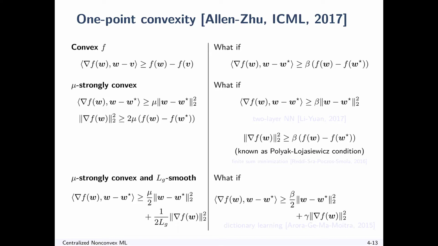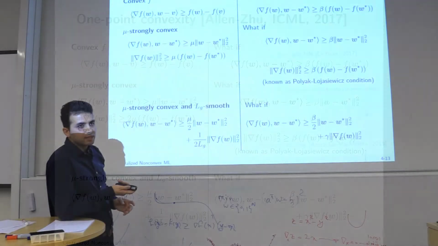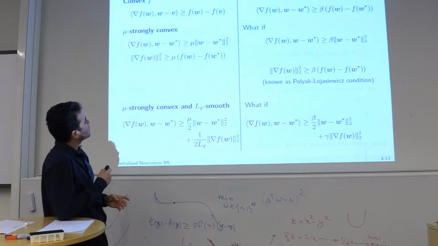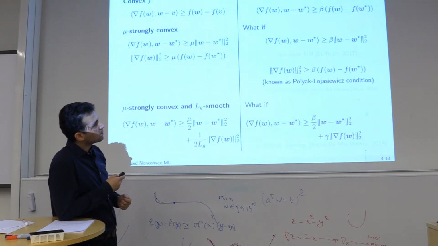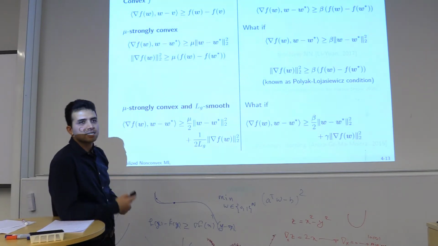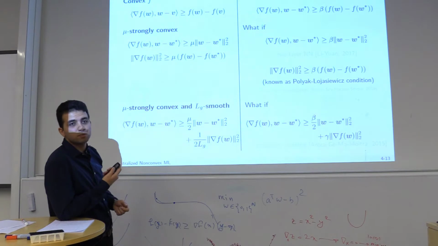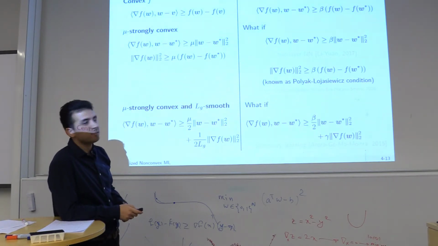Now, what if the function is not mu strongly convex? So we don't have this inequality. Well, this is pretty general. You can put any v instead of W star, okay? But then what would happen if we have that only for W star, for some constant beta, which doesn't have to be mu, but some positive constant beta? What would happen if we do have that?